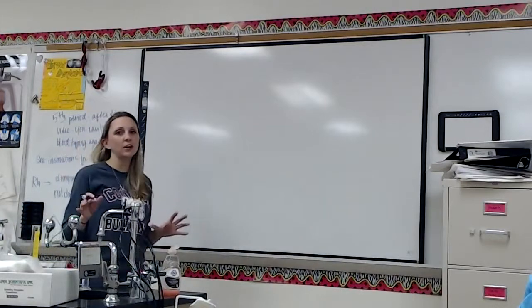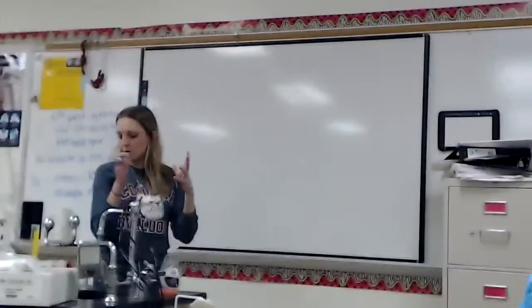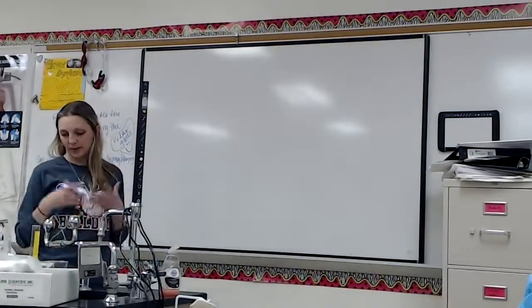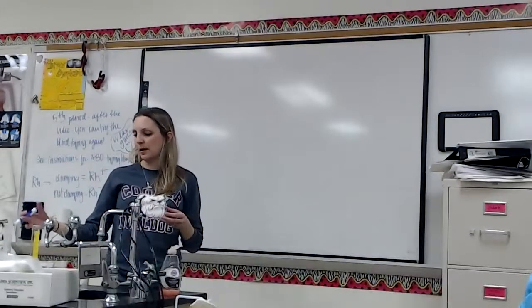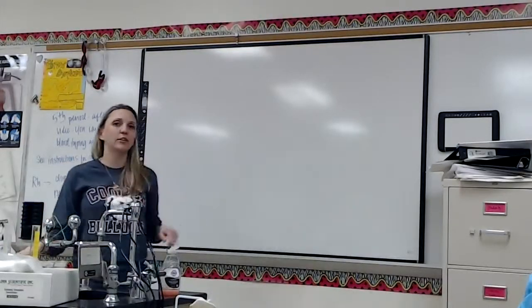I'm going to teach you how I set this up, how this works for me, and this is how I want you to learn it. If you want to go back and use the ratio and proportion method, perfectly fine.